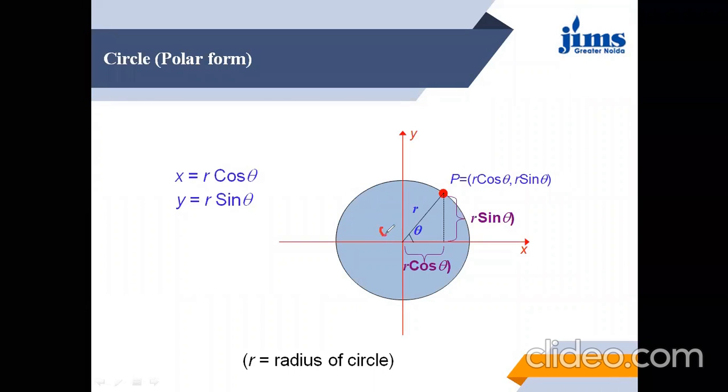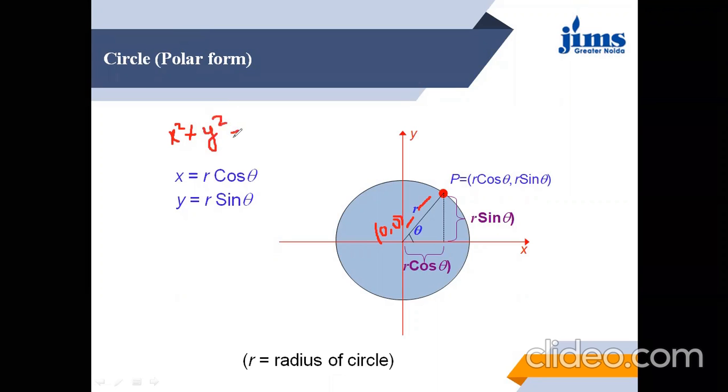When there is a circle with center at 0, 0 and radius r, the general equation of the circle is x square plus y square equals r square.